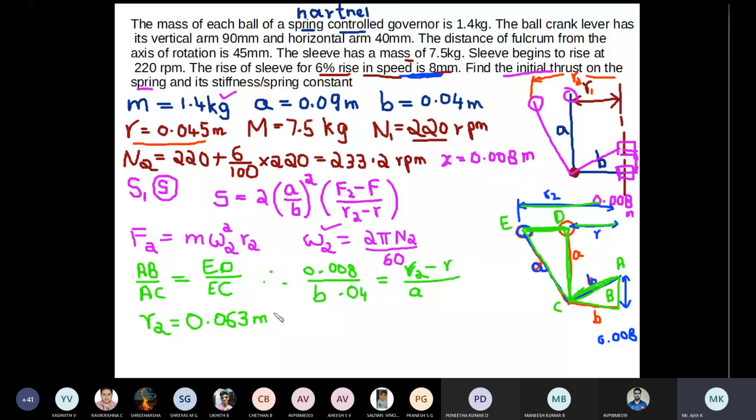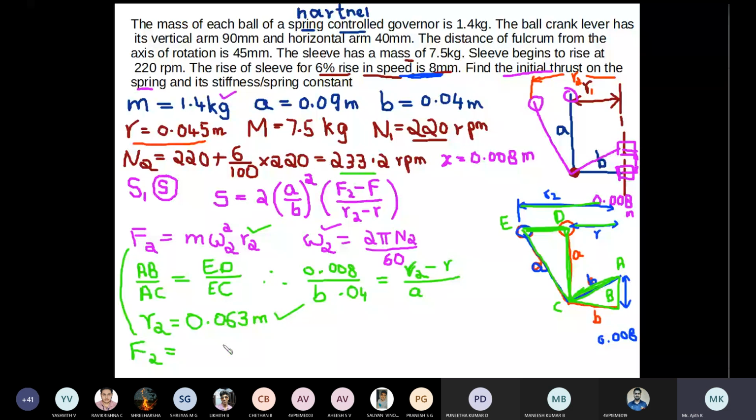So after knowing value of R2, I can calculate F2 also. So find out what is F2. F2 using this equation, m omega 2 square into R2, where omega 2 is 2 pi N2 by 60 and N2 value is 233. Substitute all the values, you will get F2 as 52.6 Newton.